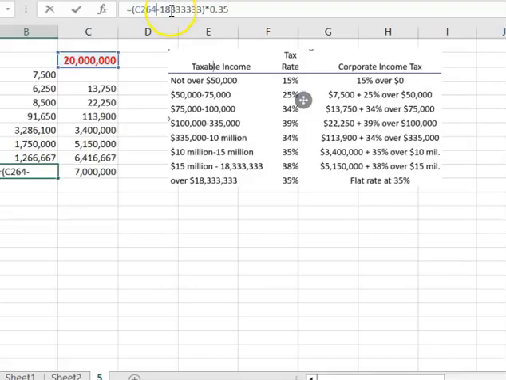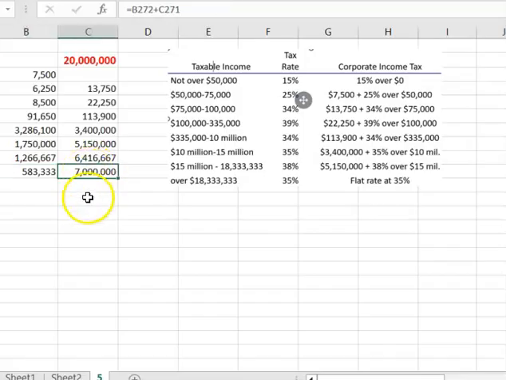So 20 million minus the lower bound of this bracket gives us this range times 35%. That is the tax rate of this bracket, and we get this one.